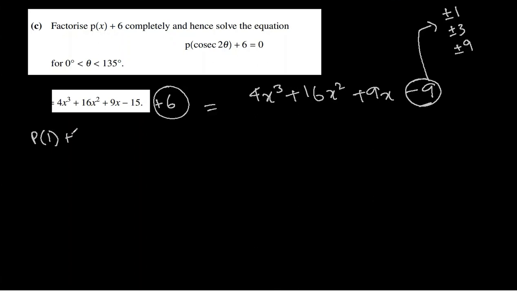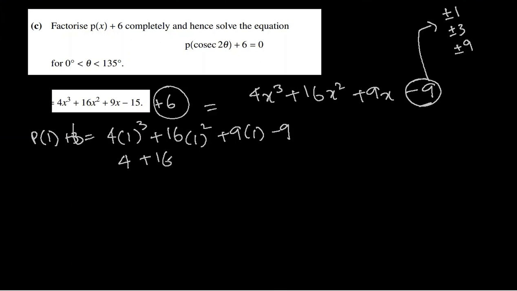P1 plus 3. Okay, because it is plus 3, no, plus 6. And we will try to find if it gives us 0 remainder. So 4 1 cube plus 16 1 square plus 9 times 1 minus 9. It becomes 4 plus 16 plus 9 minus 9. No, it will not give you 0.